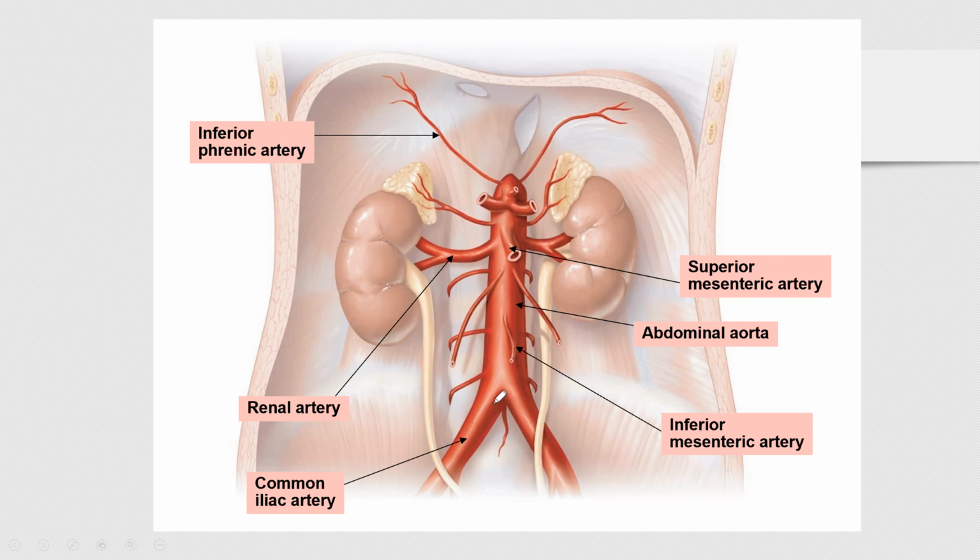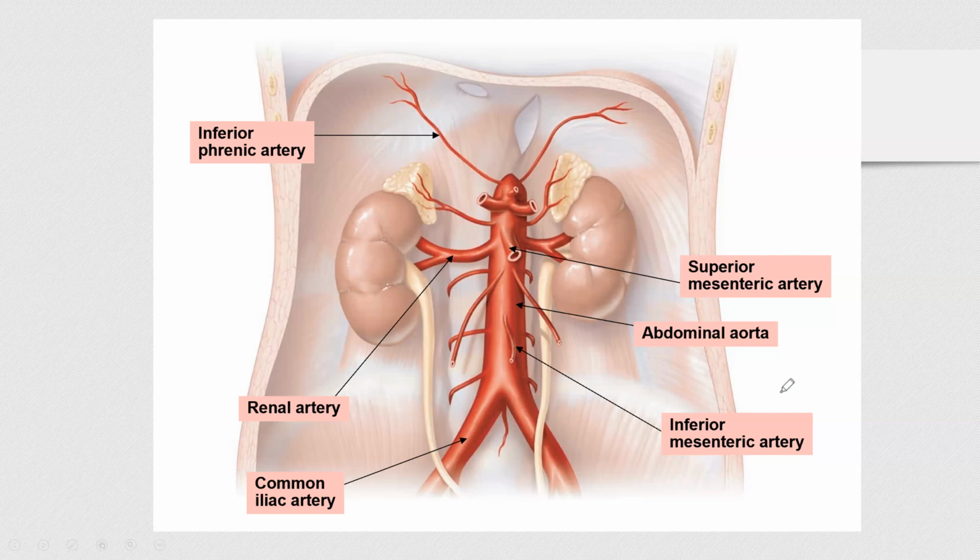And then we have branches, right? So we have 2 blood vessels that are not paired. Like you have 2 renal arteries, right and left, but this one you have just 1, and this one you have 1, and they are coming towards you. And this is called superior mesenteric artery, and this one is inferior mesenteric artery.